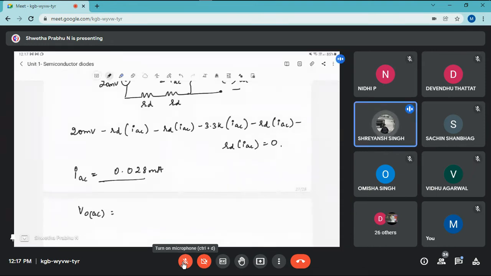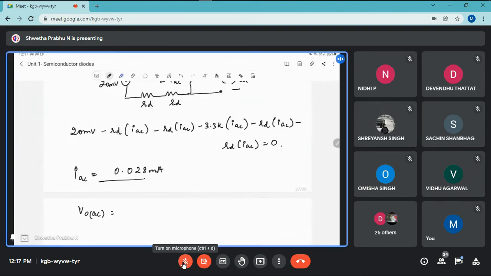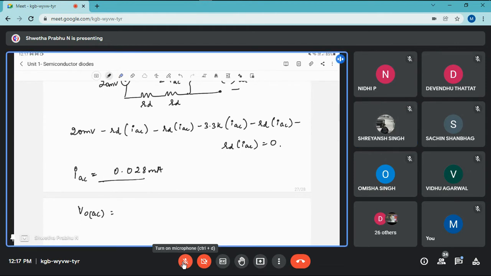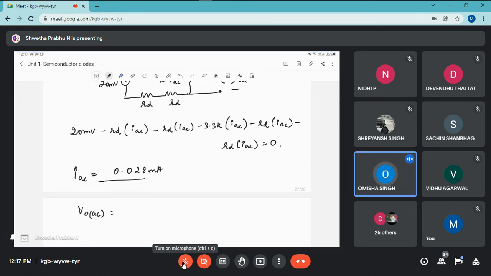0.09. Output voltage is how much? 0.09. No, please check again. Ma'am, will it be 4 RD into IAC?